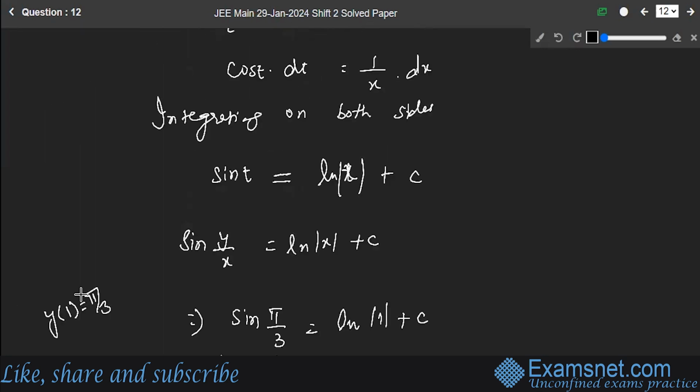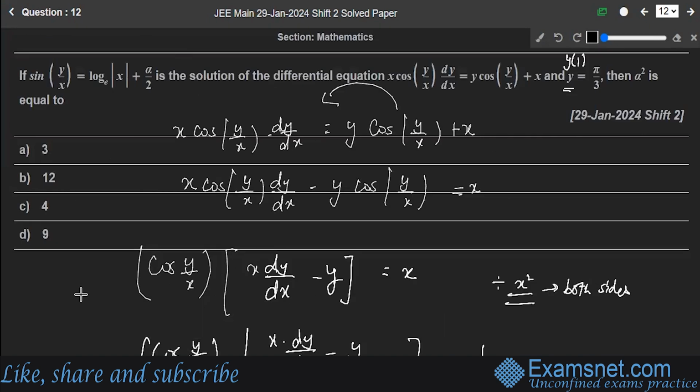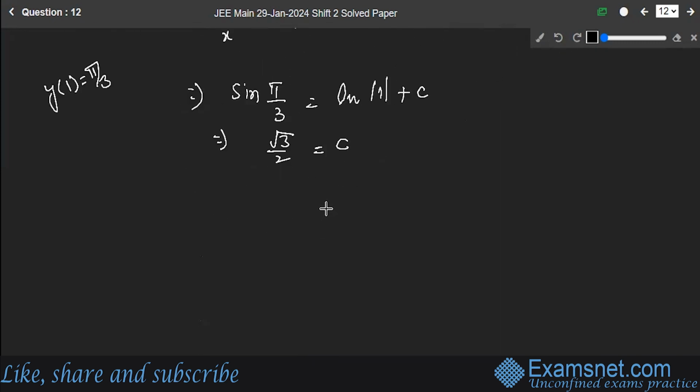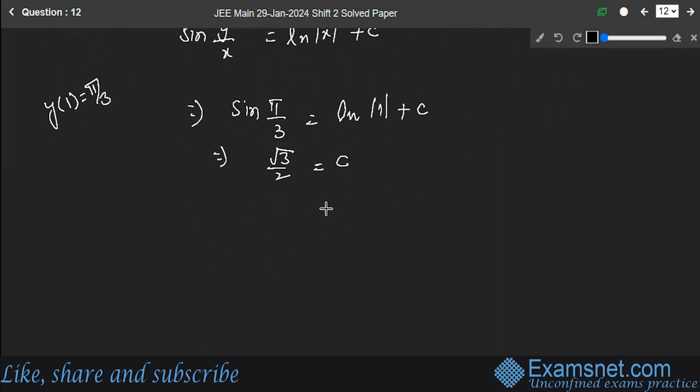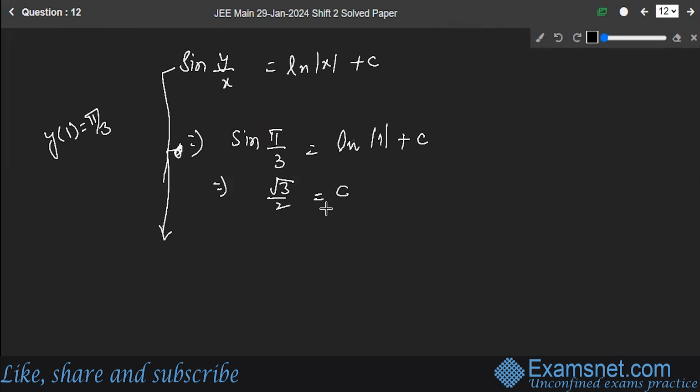So if I compare it with this equation, let's write this equation over here. So first thing, now this equation will be sine y by x is equal to log x plus root 3 by 2. Okay.